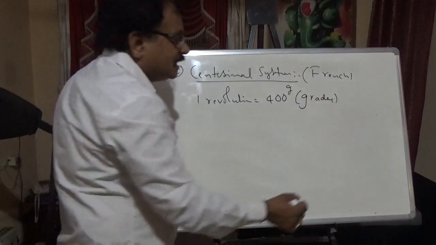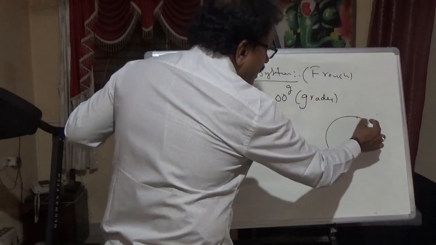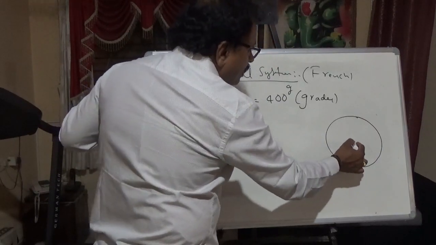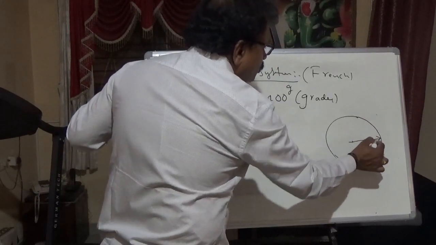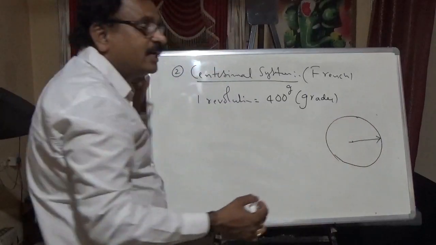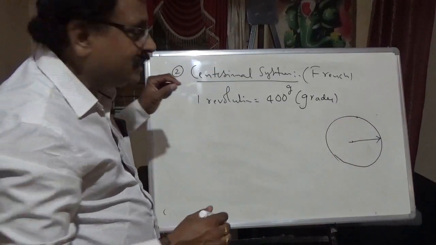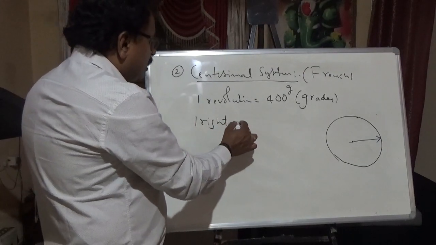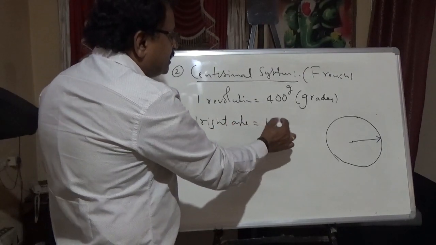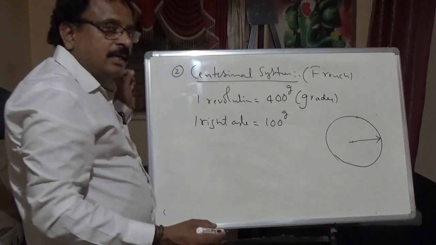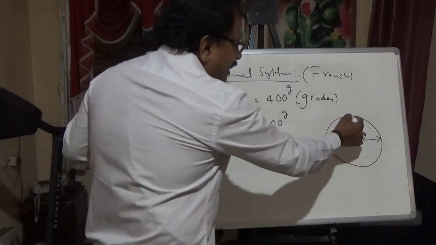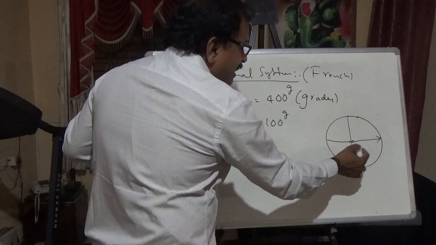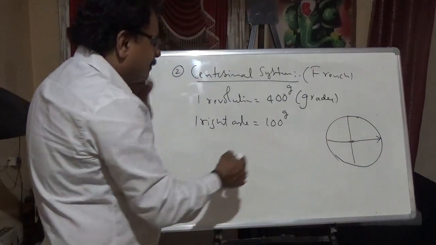Grades means, here same circle, this is the ray. To complete this ray it will take 400 grades in this system. One right angle, 100 grades. One right angle means, see, if we make it as 4 parts, 90, 90, 90, 90, 360.